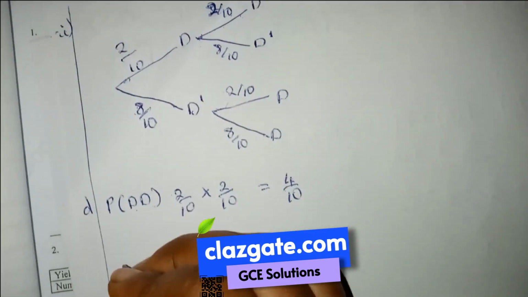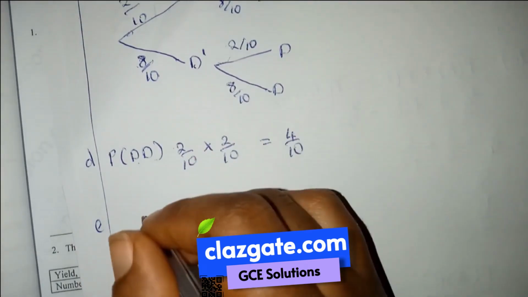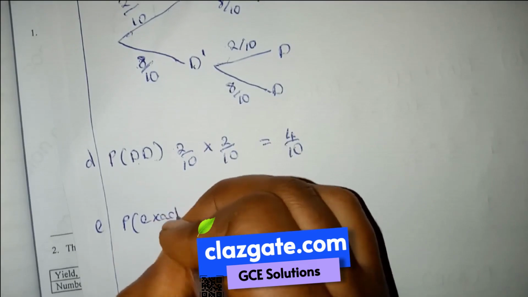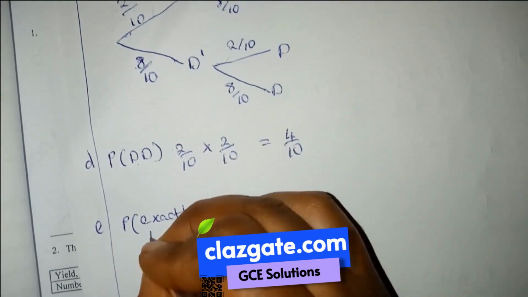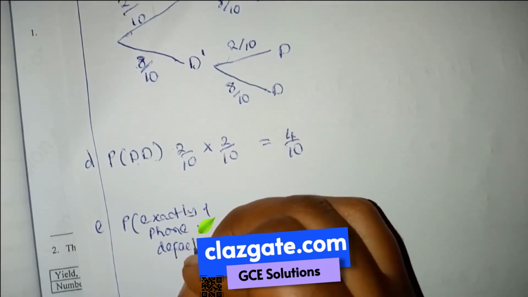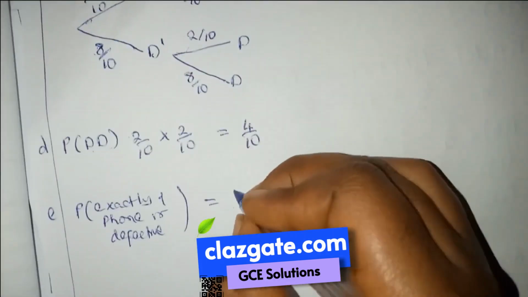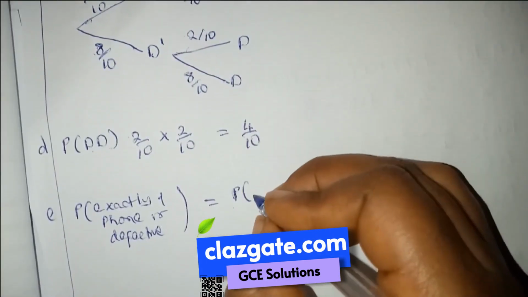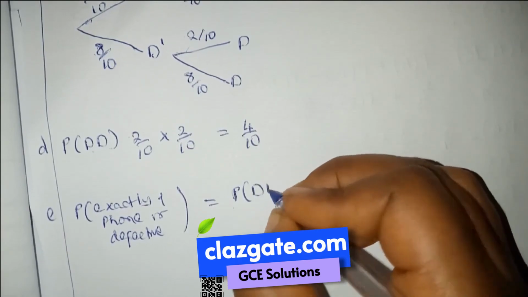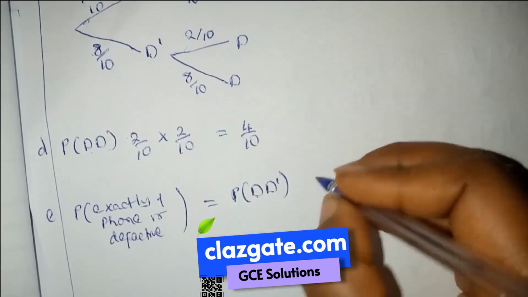Okay, and the next one is the probability that exactly one phone is defective. And this is given by, we have to consider the probability that on our first draw we had a defective phone and then a non-defective phone, because only one phone is defective.